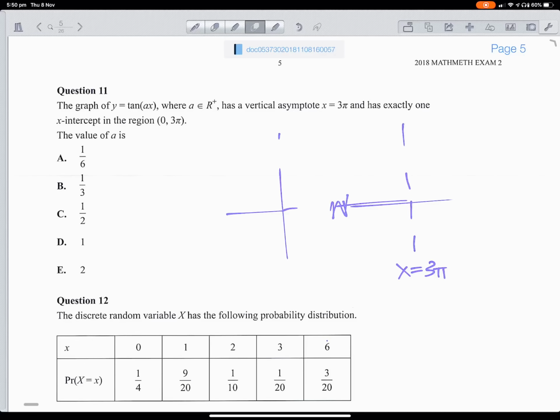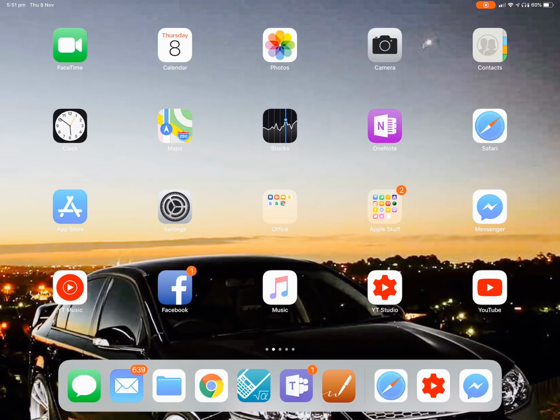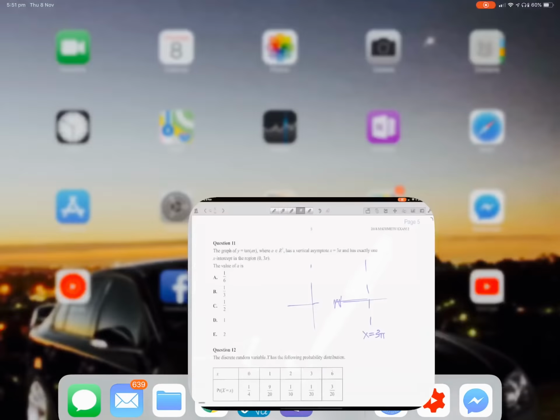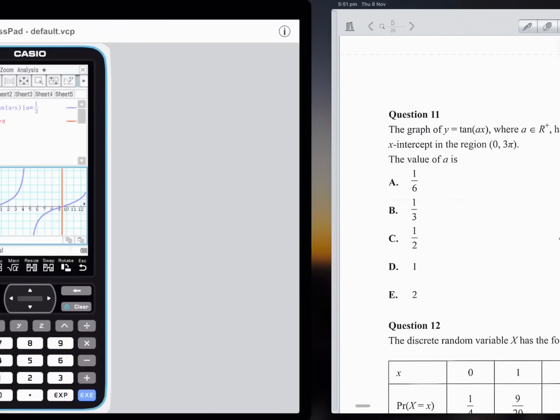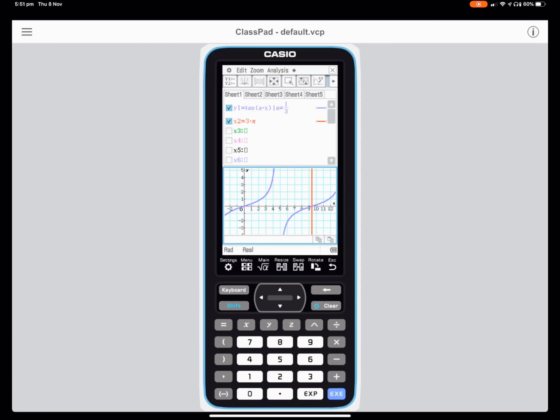A is a positive real number, has exactly one intercept in that region. Okay, so we can't include the first intercept, there's got to be another one. So there's still not one.